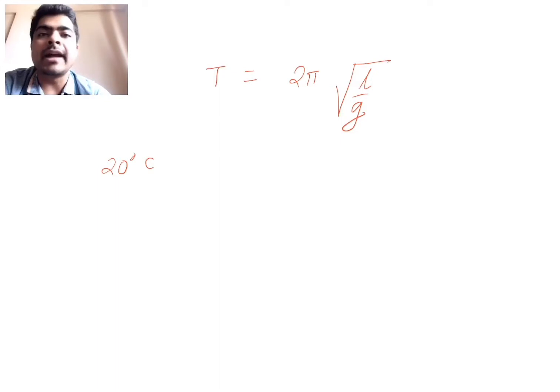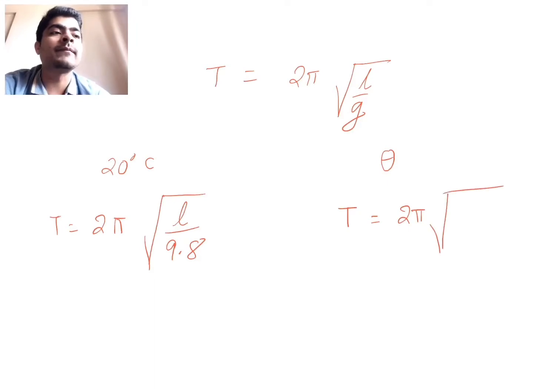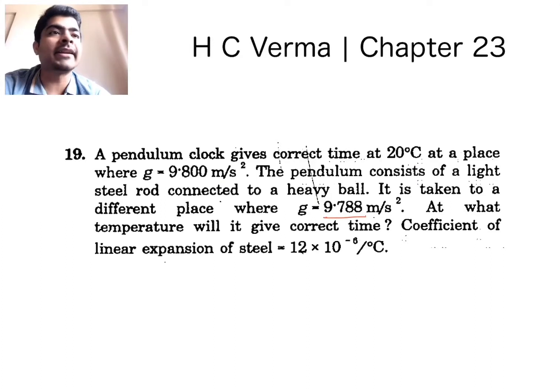L is not given, so we simply write down that the time period will be 2 pi under root L by g, which is 9.8. But at the new temperature theta, the time period should still be the same, but it should be 2 pi under root L dash divided by g, which is 9.788.